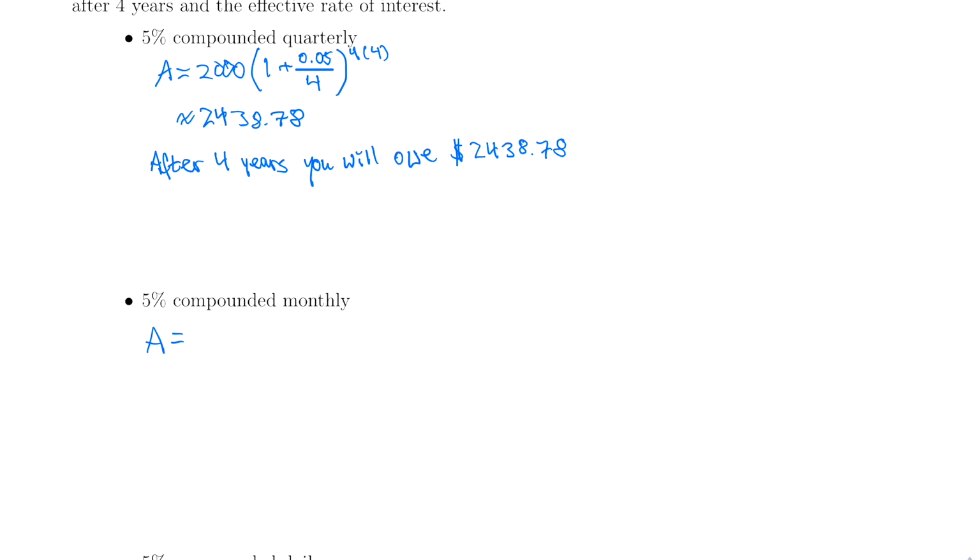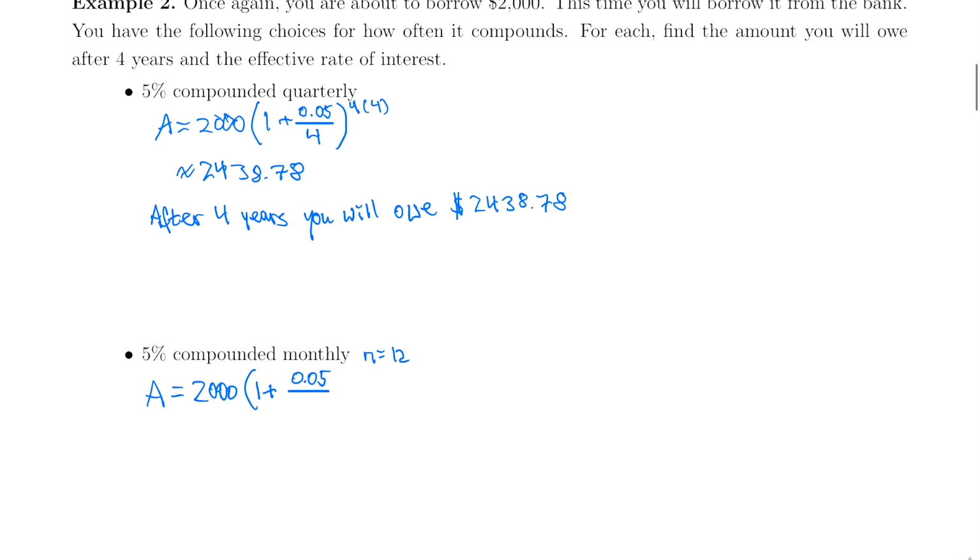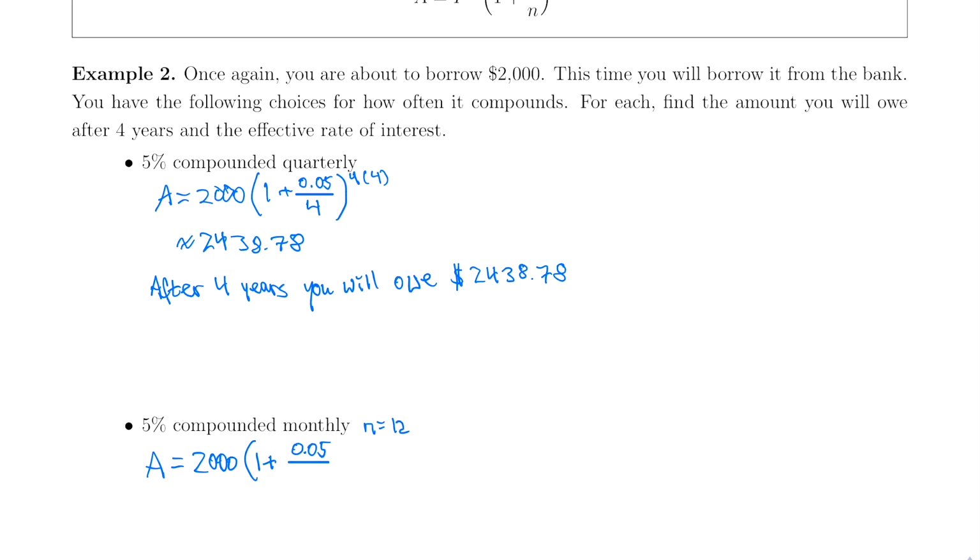Let's see what changes when we compound monthly. So we have A equals 2000 times 1 plus 0.05. Until now our formula is the same. However, now monthly means that our n equals 12. Maybe it would have been helpful to write here also n equals 4 when we calculate quarterly.